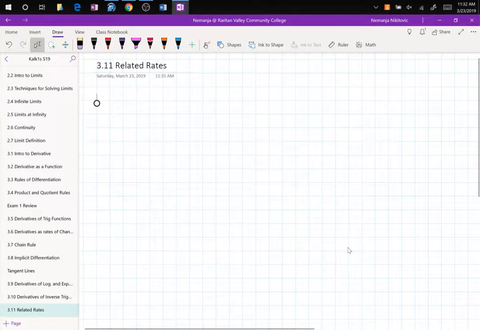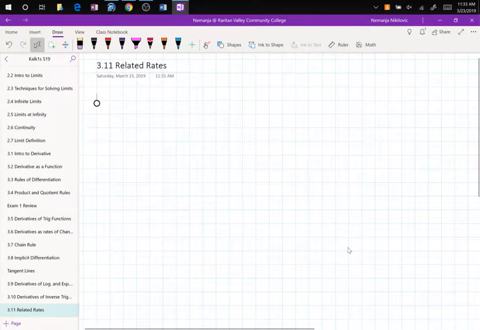Well, first off, let's deconstruct the title. Related rates. We know that our derivative is a rate of change. So we are going to somehow connect multiple derivatives.